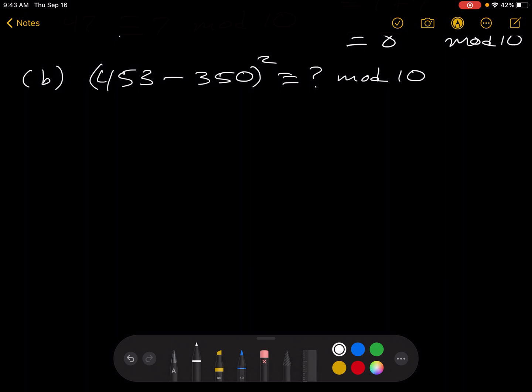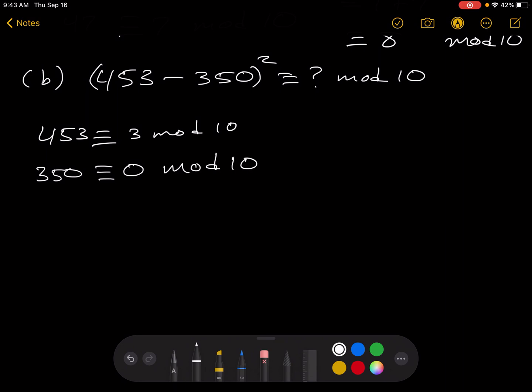But to me, I would just say, okay, 453, 10 is going to go into 450 an even amount with no remainder, right? So then the remainder is really just going to be 3. So this is 3 mod 10. Same thing with 350. 350 is congruent to 0 mod 10.